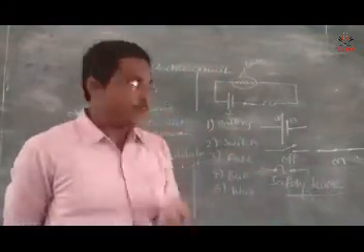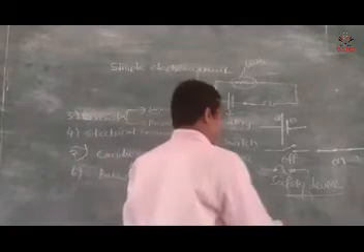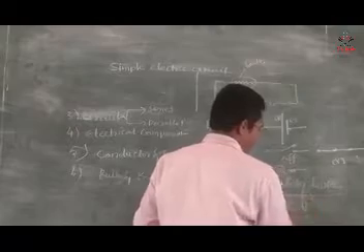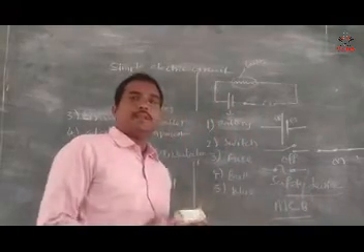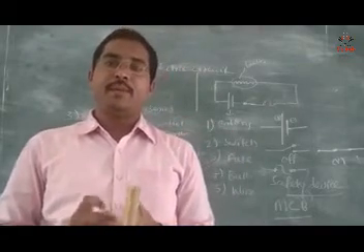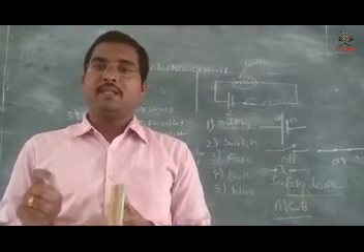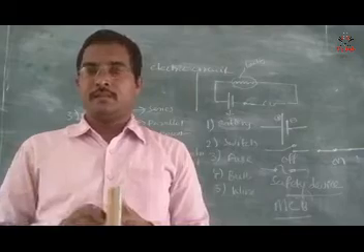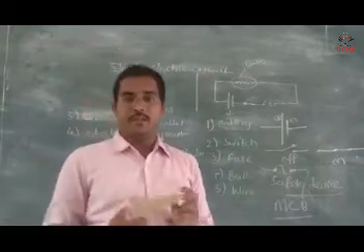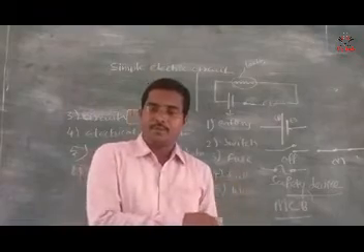So nowadays instead of fuse we are using MCB. MCB is nothing but miniature circuit breaker. What is MCB? Miniature circuit breaker. So what is the advantage of this miniature circuit breaker? It acts like a fuse.